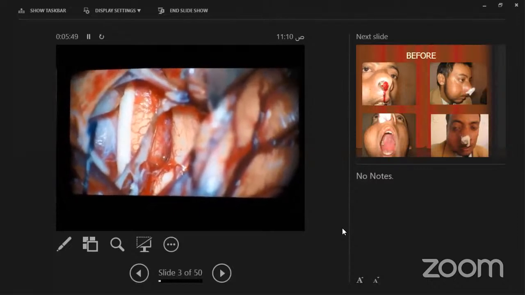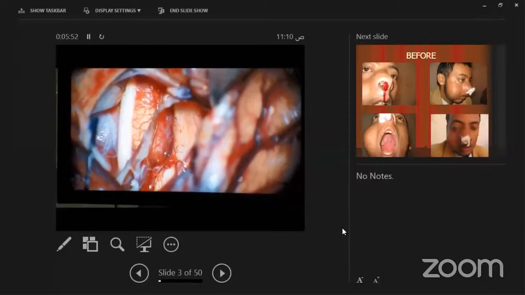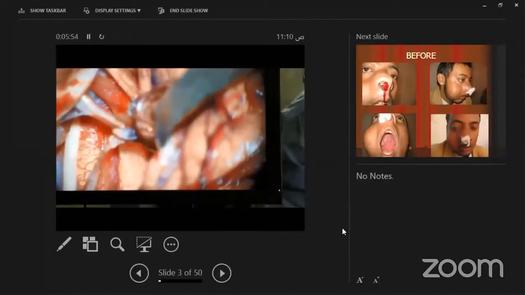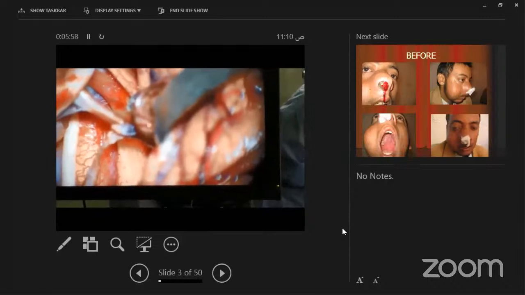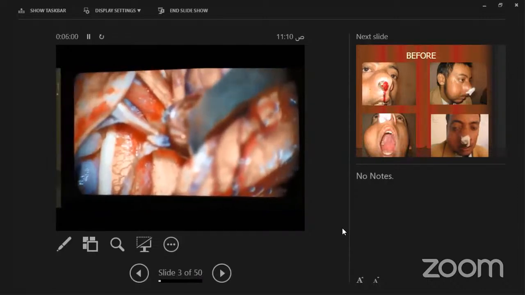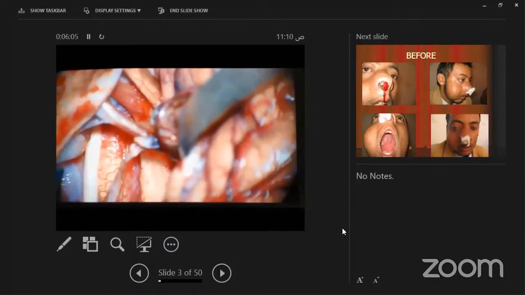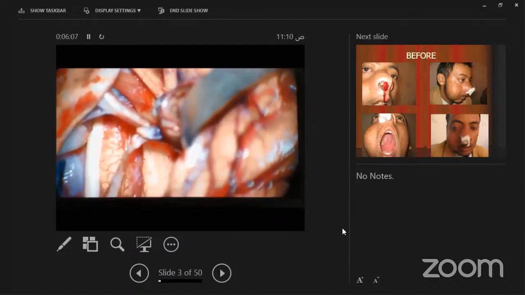This is the important thing to say: after completing the surgery with clean blood, you will now see the infundibulum stalk, which is a very important structure to take care of during anterior skull-base surgery.